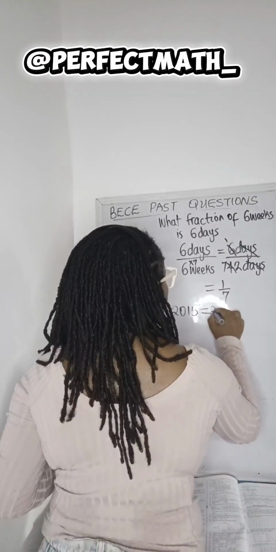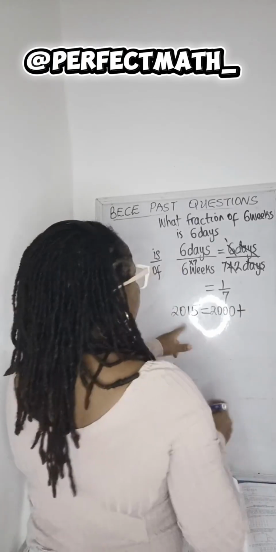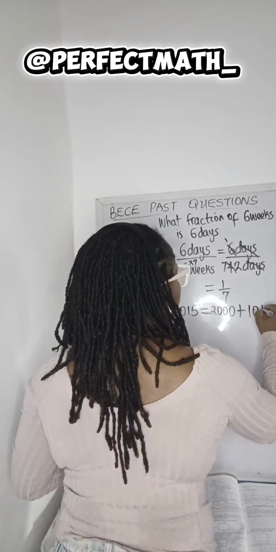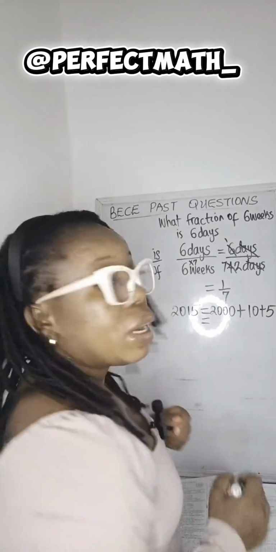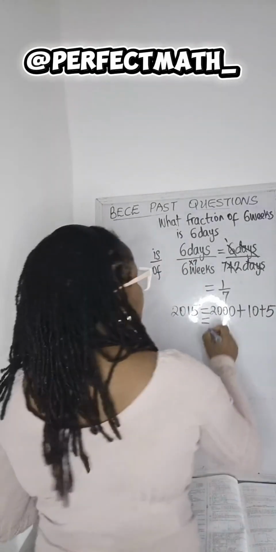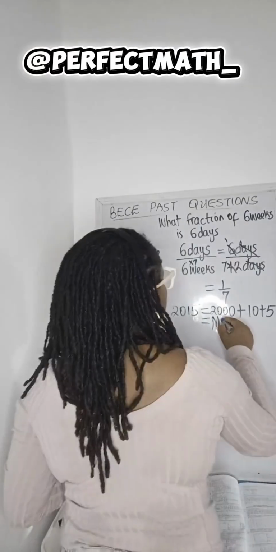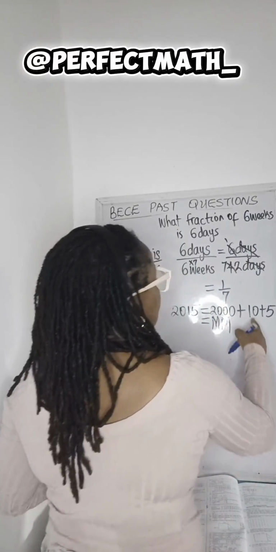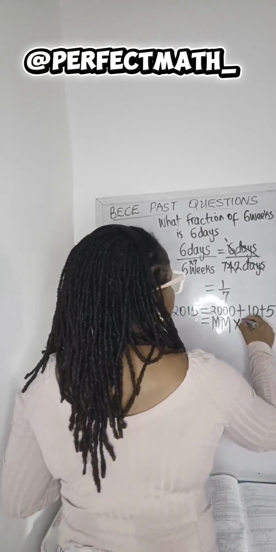So this is 2000 plus 10 plus 5. So what is 2000 in Roman numerals? 2000 in Roman numerals is MM. 1000 is M, so 2000 is MM, and 10 is X, while our 5 is V.